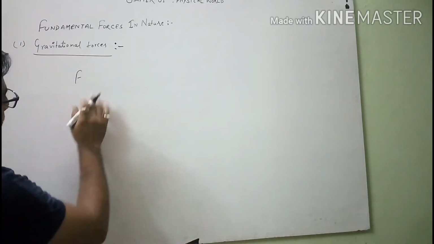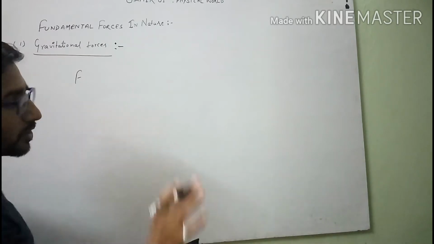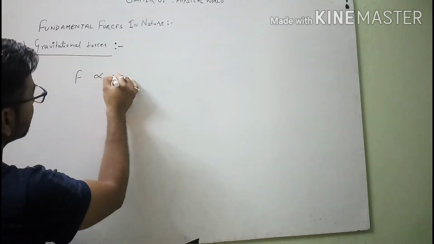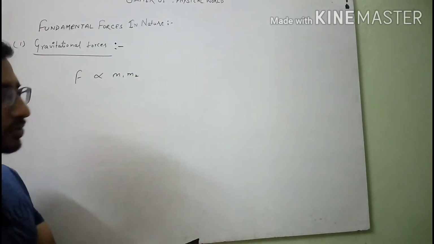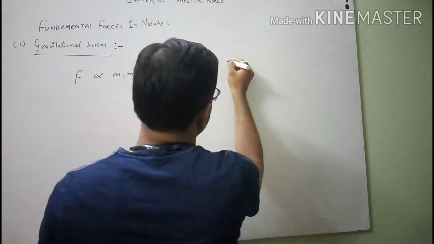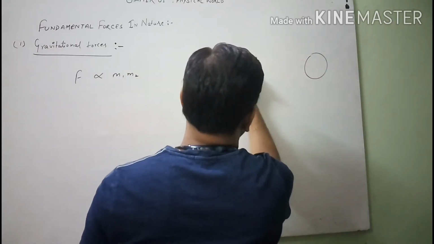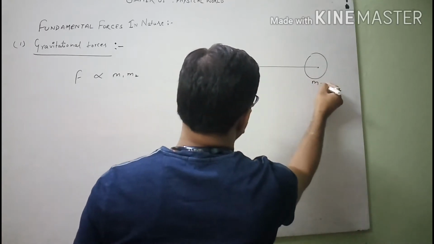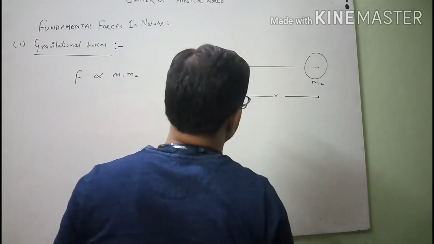Newton said that the force of attraction, or gravitational force, between two bodies placed anywhere in the universe is directly proportional to the product of their masses. Suppose two objects of masses m1 and m2 are placed anywhere in the universe at distance r.